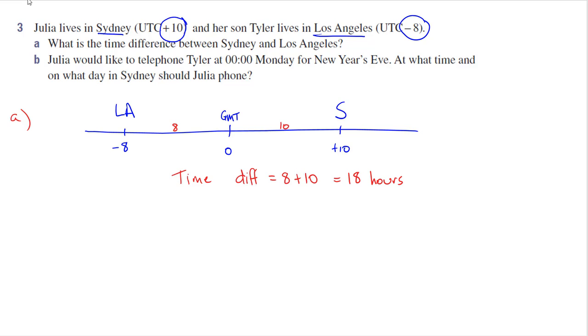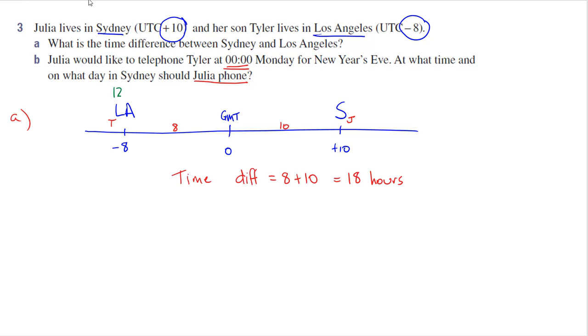Julia would like to call Tyler at 0000, which is midnight on Monday for New Year's Eve. So Julia lives in Sydney, I'll just put a J here for Julia, and she wants to ring Tyler, who's in LA. At what time of the day in Sydney should Julia phone? So she wants to ring Tyler when it's midnight in LA.